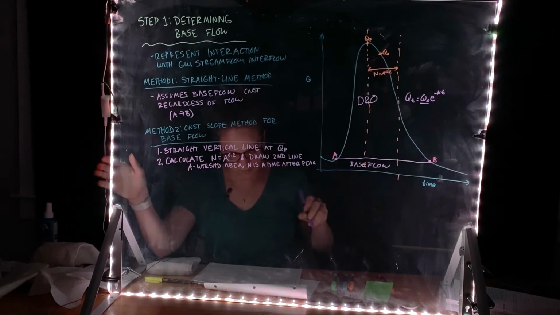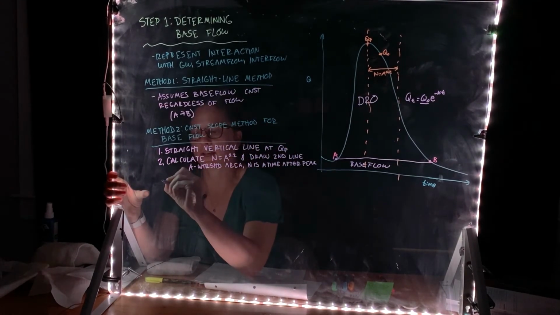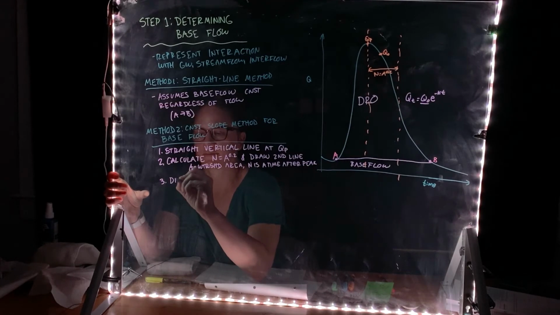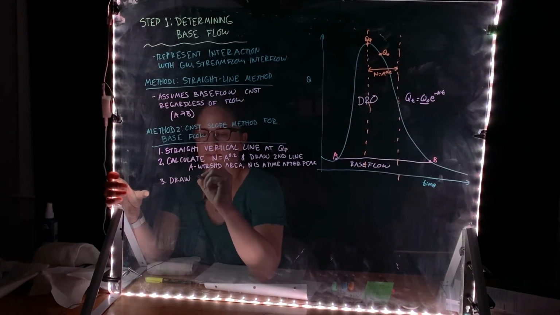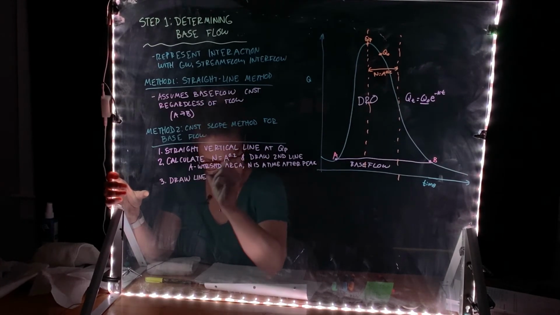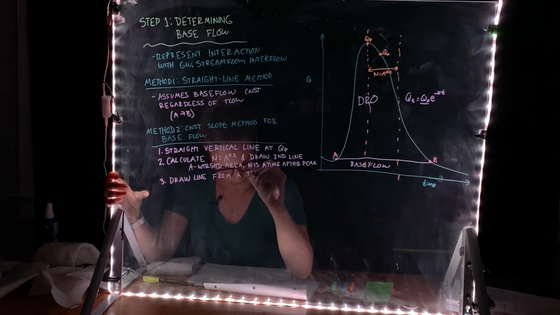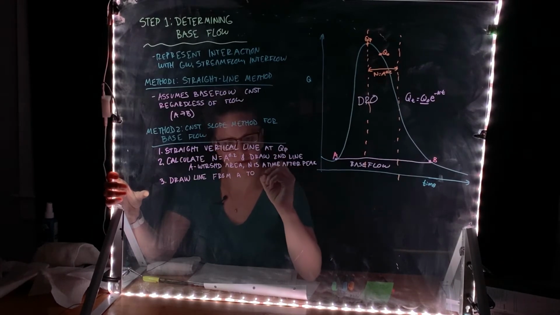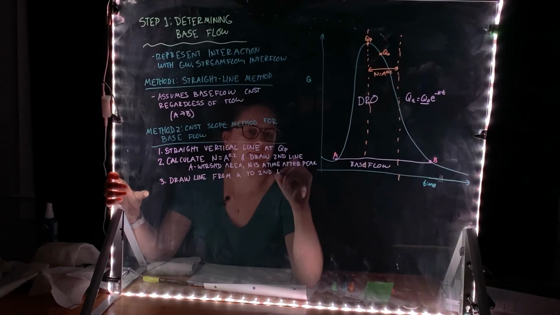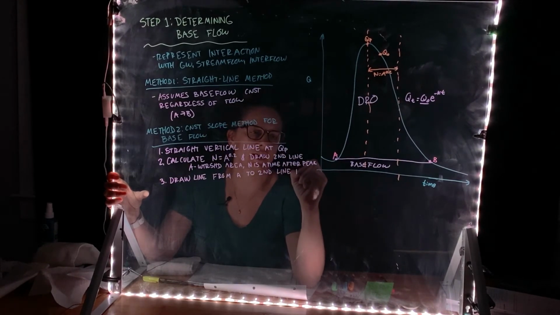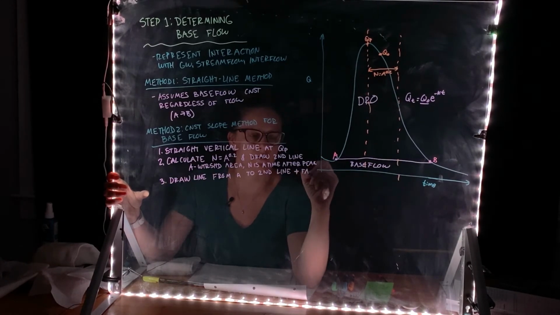And then step 3 is to draw a line from A, the same A from our first method, to this second line where it intersects the falling hydrograph.